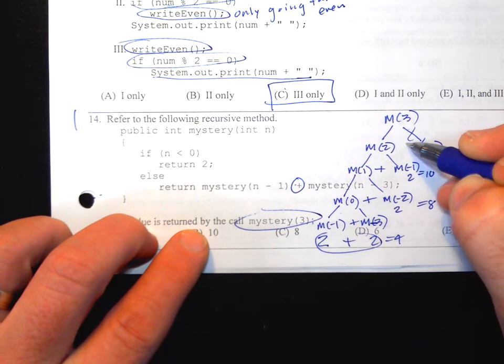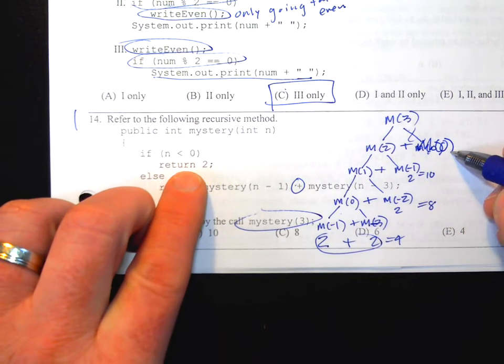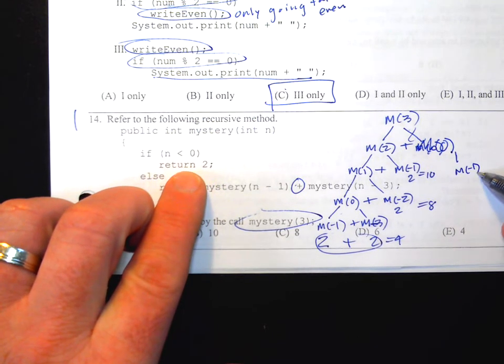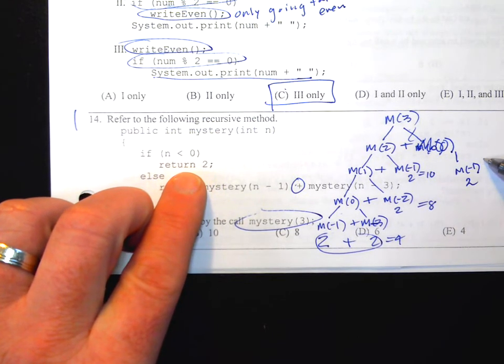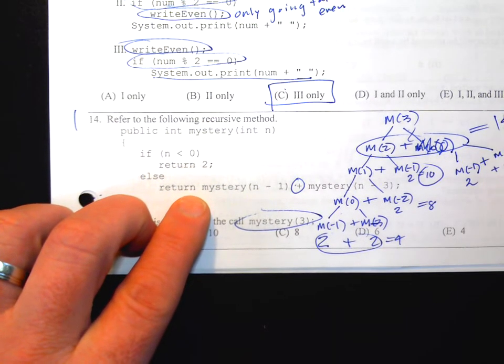Then it comes up here, and it calls mystery 0, which is not less than 0 yet. So this goes to mystery -1, which returns a 2. And then we go up here, and this calls mystery -3 also, and that returns a 2. So that gives you a 4. So now we have a 10 plus a 4 for this last step, and we get 14.